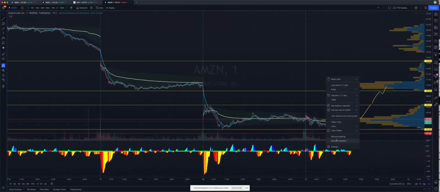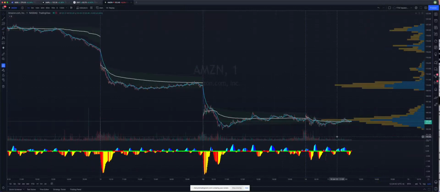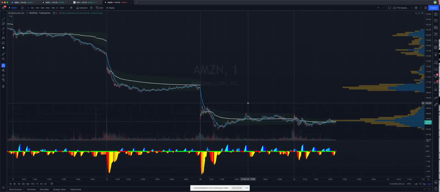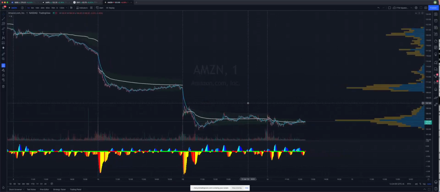So if we were playing Amazon, let's say long for a bounce tomorrow, what's the next level where we're really going to see a potential rejection? If the FOMC comes out tomorrow and the market likes it, and we start to see some pretty heavy buying, right?